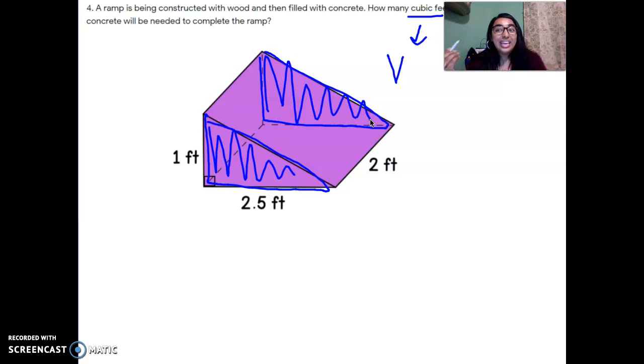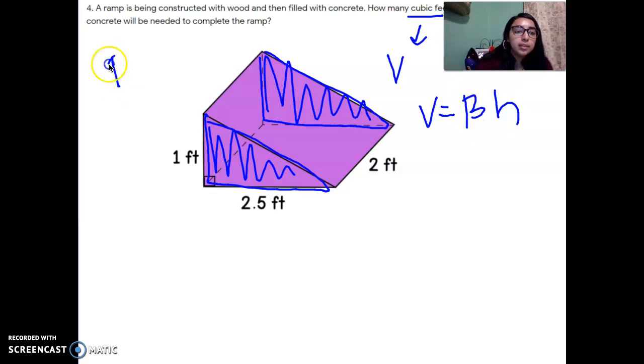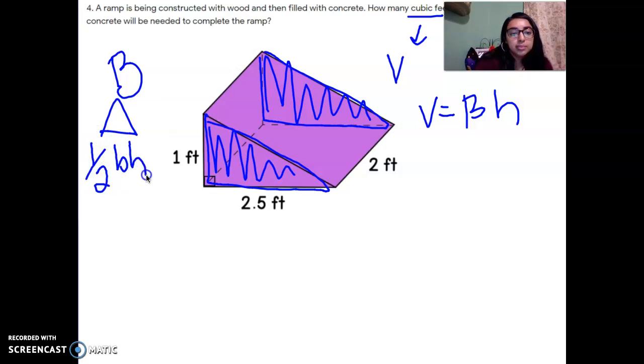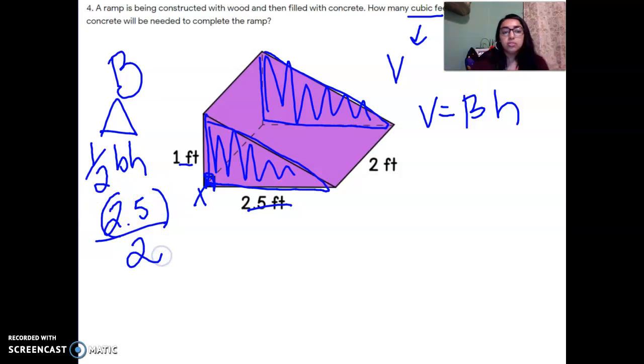So this is a triangular prism because it's named after its base, remember? My volume would be found by using area of the base times height. My area of the base for this triangle would be half base length times height, which is right here. I'm going to use these two where it forms that right angle, which is 1 times 2.5, which is just 2.5. And then you will need to find half of that, so 2.5 divided by 2, which in this case is 1 and 25/100ths.